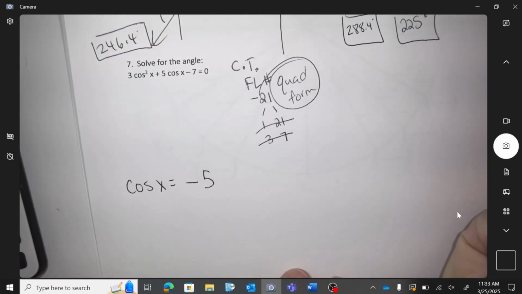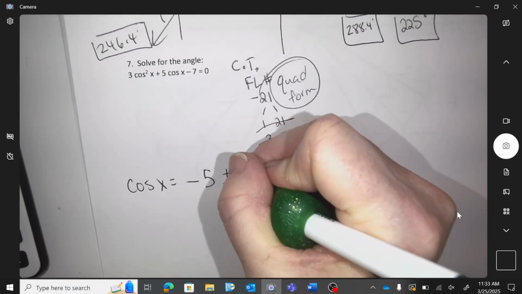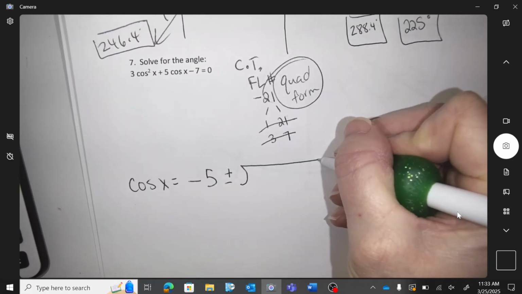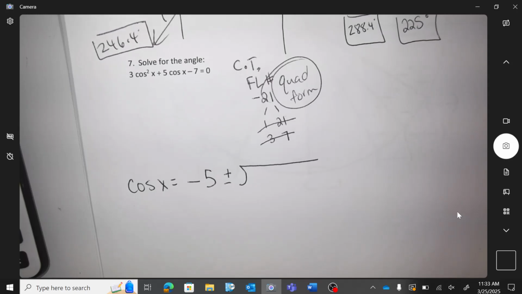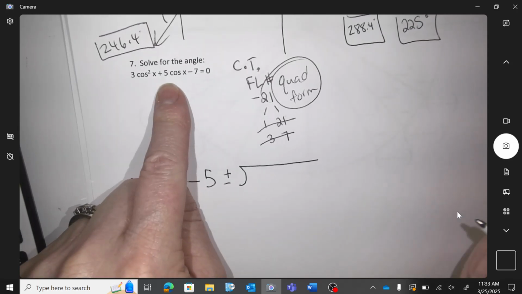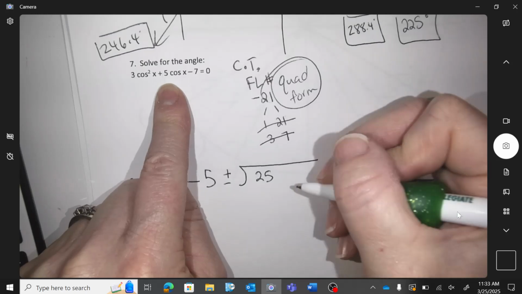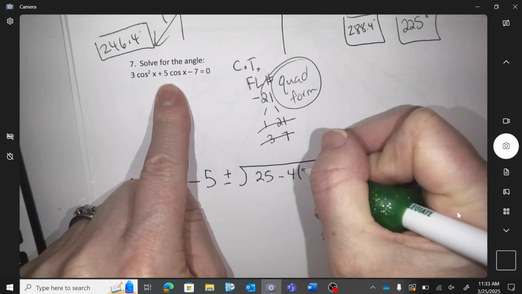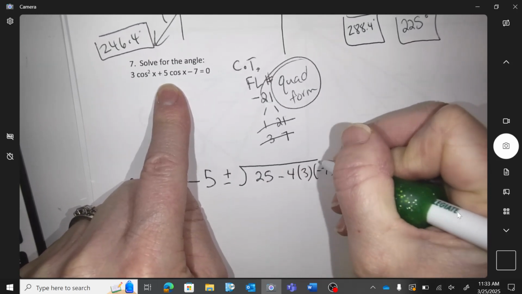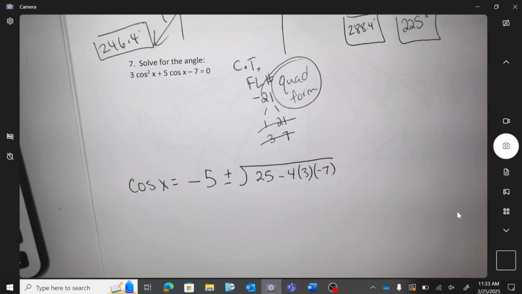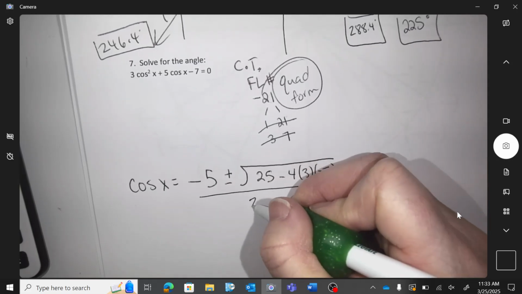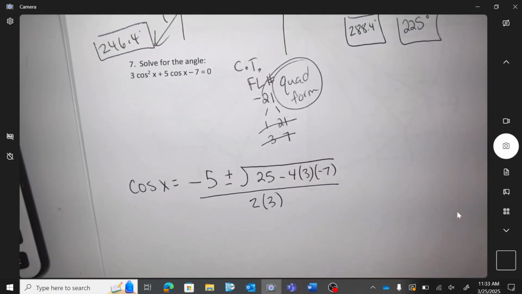Negative 5 plus minus the square root of b squared. I'm just going to go 25 minus 4, 3, negative 7, all over 2 times 3.